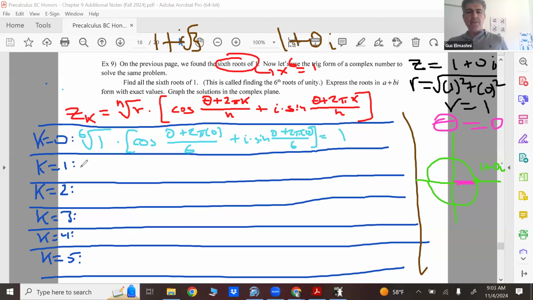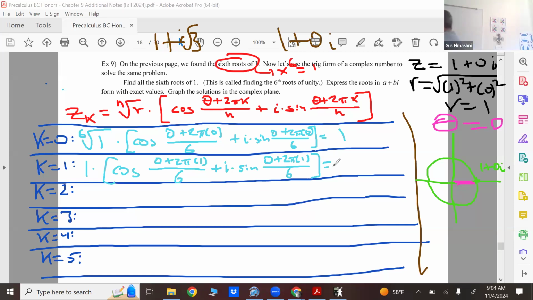Now let's do the next one. It's going to be 1 times cosine of 0, that's my starting angle, plus 2 pi times 1 over 6, plus i sine of 0 plus 2 pi times 1 over 6.